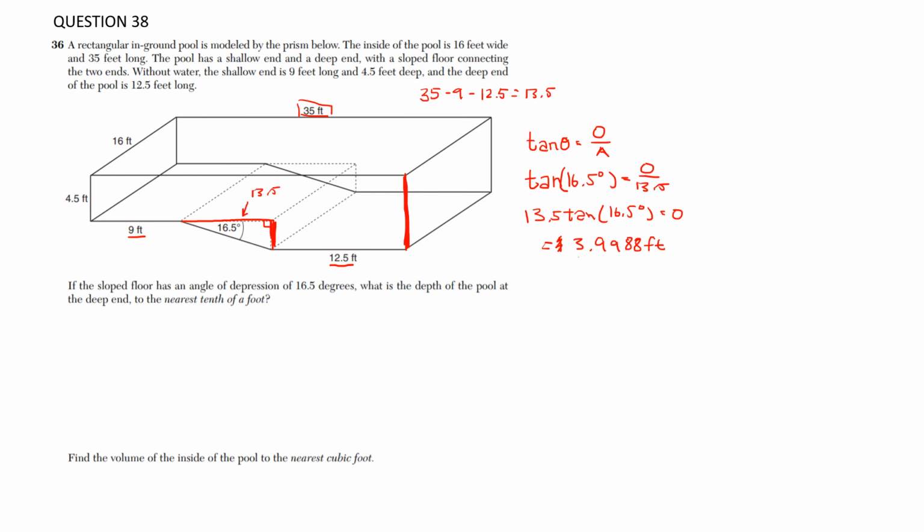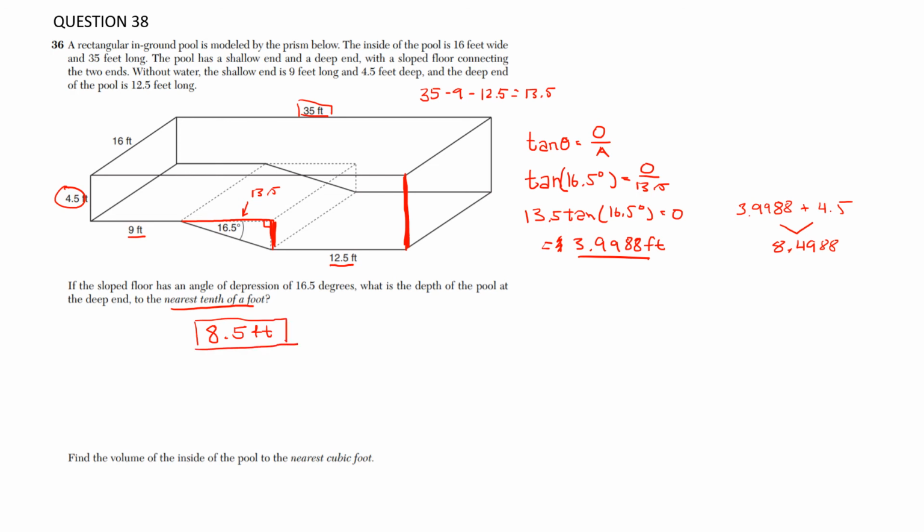So we add this value to our original depth of 4.5 feet to get 8.4988. And now this is our final depth. It tells us to round to the nearest tenth of a foot, so this answer is 8.5 feet.